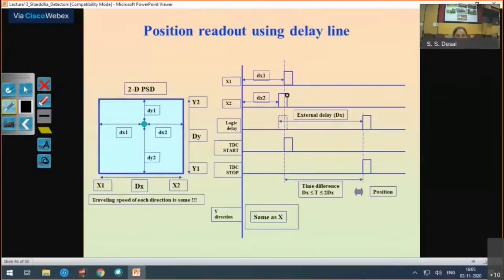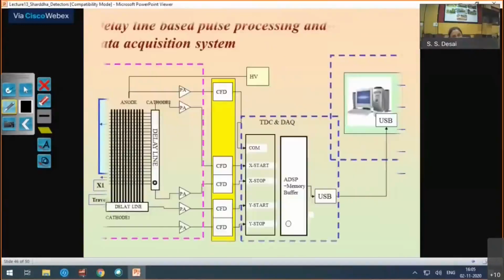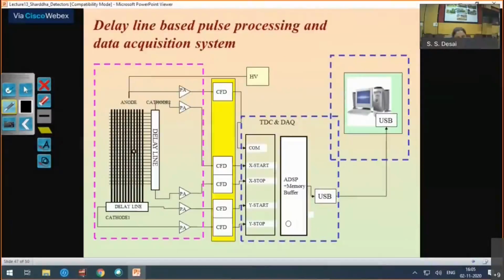So here delay line position encoding gives us a very fast pulse processing time, so that the count rate capability is also better for these detectors, and the position resolution is determined by the wire spacing of the detector. You can have a very small wire spacing, right up to 1 to 1.2 millimeters.